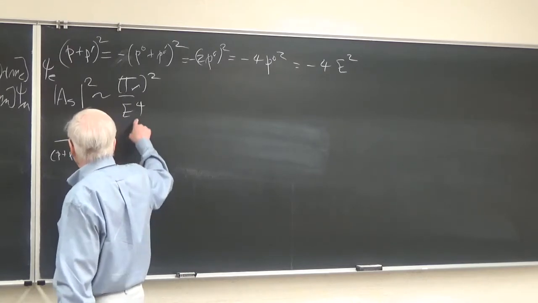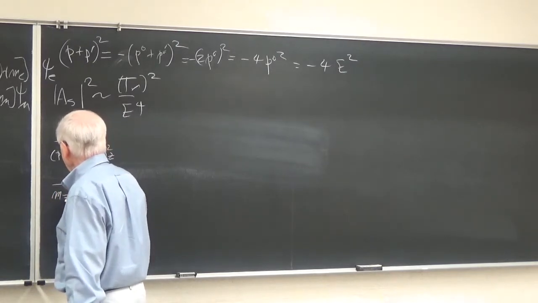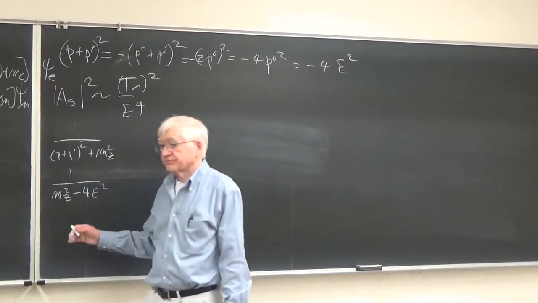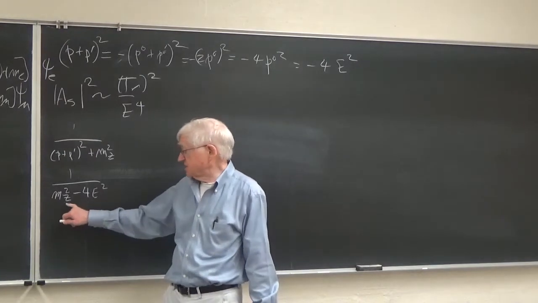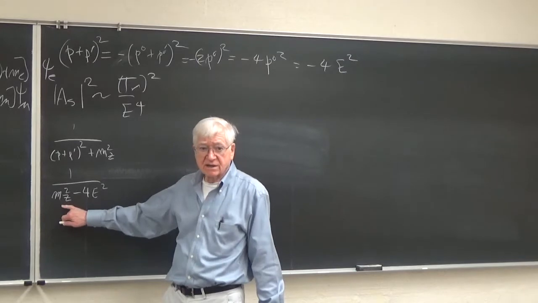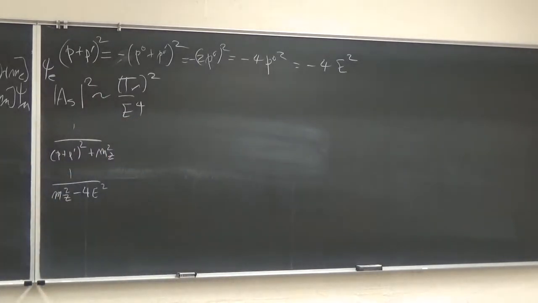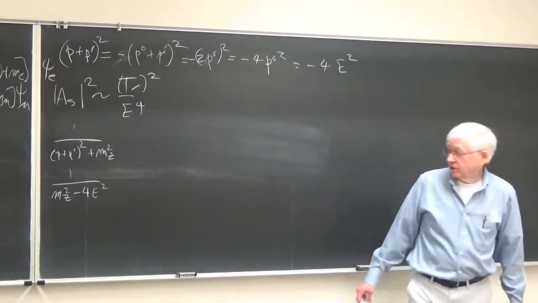So there we would have 1 over mz squared minus 4E squared. And so you see you have a pole there when the energy is half the energy of the Z. And so the cross-section has a huge peak. And in fact, that, of course, was seen at what was called LEP.